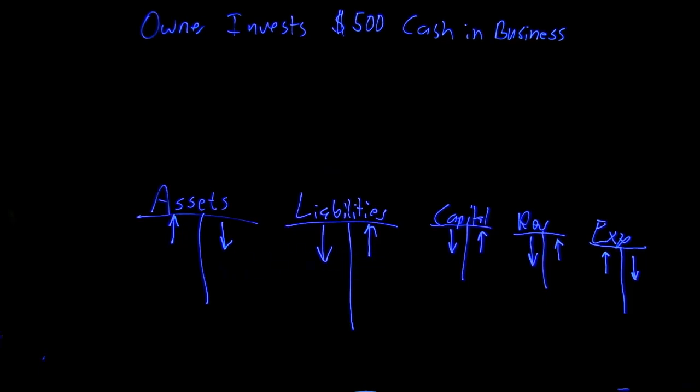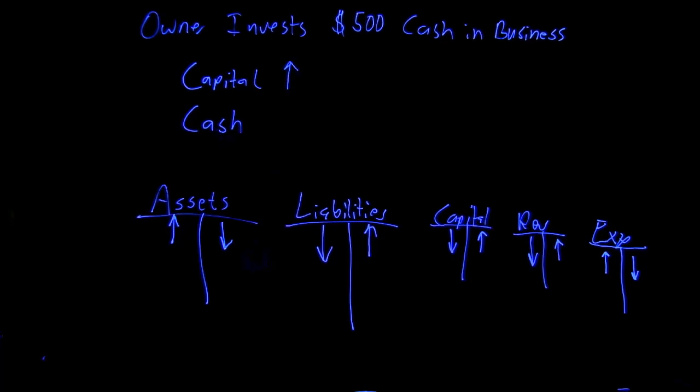So the two accounts we know that we're going to be dealing with here, owner investment, that's going to be in the account called capital. And then $500 cash. So the second account we're going to be dealing with is cash. So the capital account, is our capital account going up or down? Well, we're contributing capital to the business, so our capital goes up.